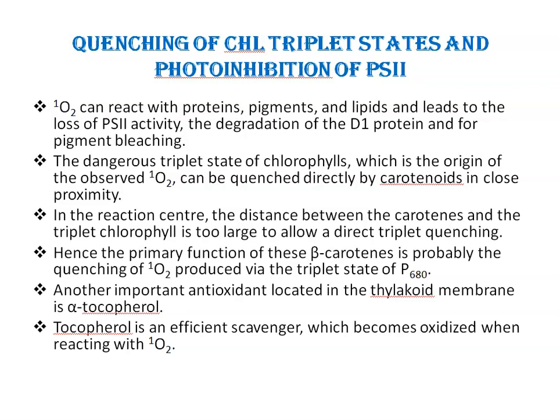Now, another important antioxidant located in the thylakoid membrane is alpha tocopherol. Tocopherol is an efficient scavenger which becomes oxidized when reacting with singlet oxygen.